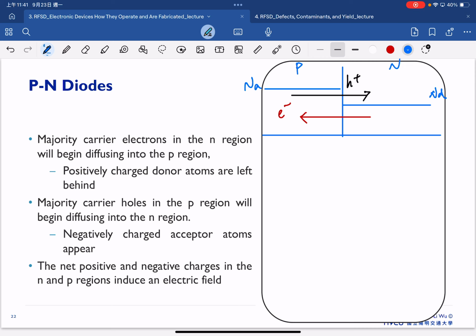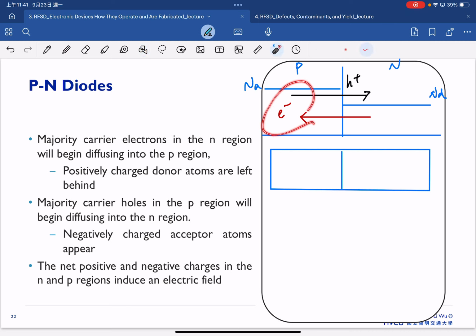But if we look closely, because the electrons diffuse from the right to the left, we will start to have positive charged donor atoms left behind.